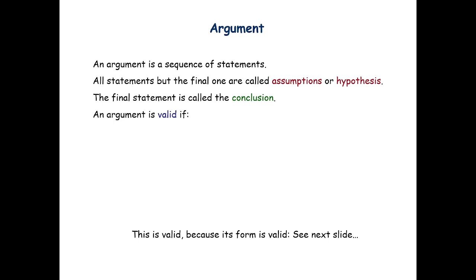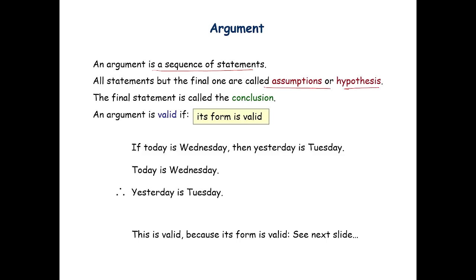So an argument is a sequence of statements, and all statements but the final one are called assumptions or hypotheses. An argument is valid if its form is valid. So if today is Wednesday, then yesterday is Tuesday.